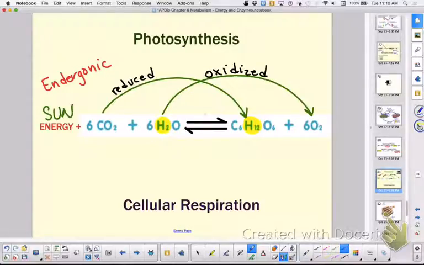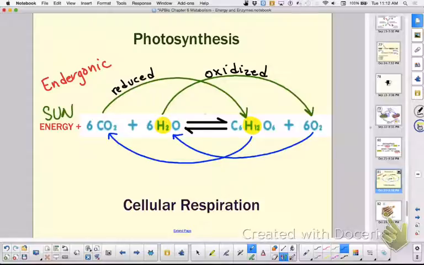In cellular respiration, this glucose is becoming carbon dioxide, and the oxygen is becoming water. Good. What happened to the oxygen? It got reduced. What happened to this glucose? It got oxidized.